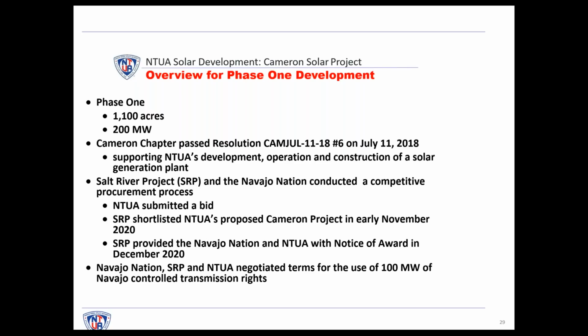When the Navajo generating station, a coal-fired station, closed in 2019, it freed up approximately 500 megawatts of transmission capacity that was given to Navajo Nation for their use. So we negotiate with the nation itself for certain allocations of that capacity, and in this case, we negotiated for 100 megawatts. Next slide, please.